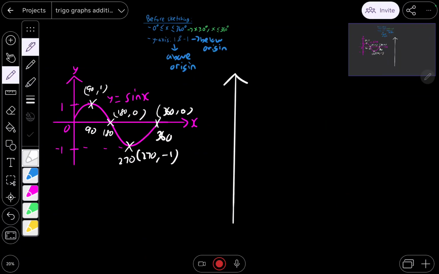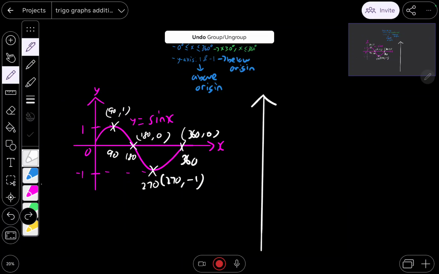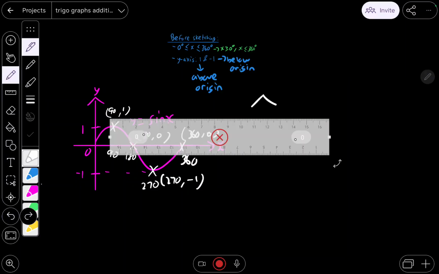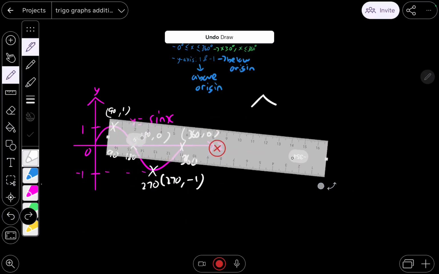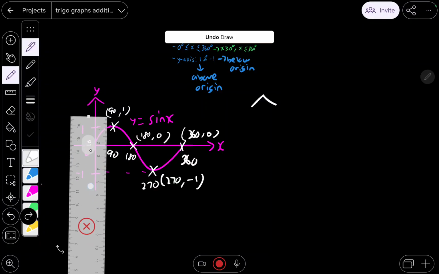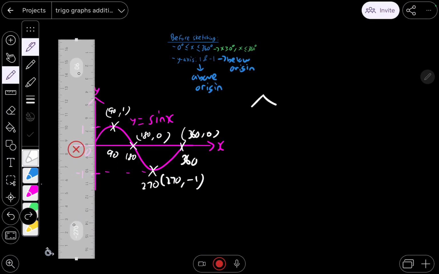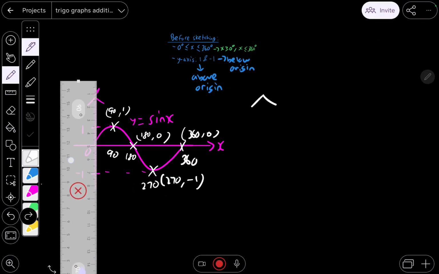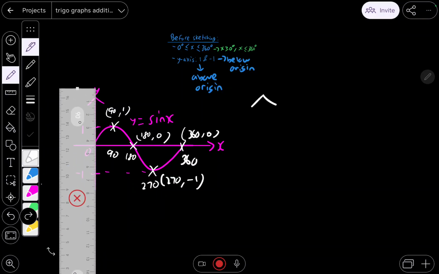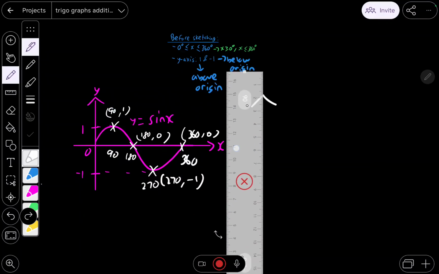Actually, I want to make it the same size, so I'm going to undo it a little bit. Let's see. It's about 7 plus cm.